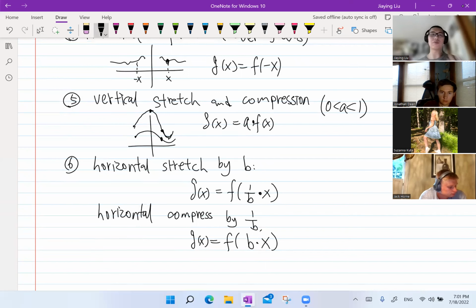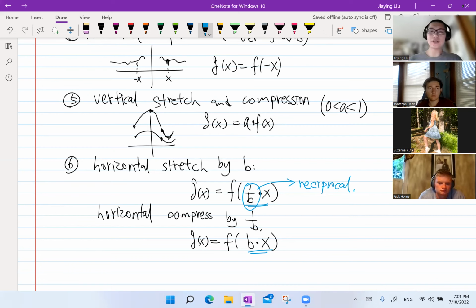So just one thing to remember: with horizontal transformations, it's always an opposite from what we want to believe. If we stretch by a factor of 2, we actually multiply by 1/2 in the formula. If we compress by 1/2, we actually end up multiplying by 2. So it's always a reciprocal of what the factor says. So be careful there. Just like when we shift left and right, it's not adding a number to move it to the right. It's actually subtracting a number when we shift it to the right.